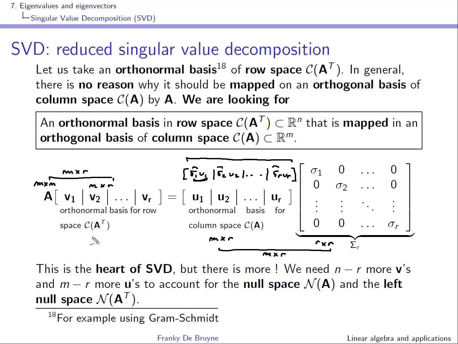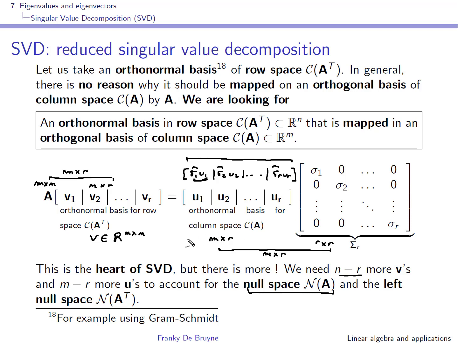But we were talking about a matrix that was orthogonal and square, therefore we need a matrix that is in R n times n. Okay, so we need n minus r more v's. And we'll find them in the null space of A. This is the null space, and it is orthogonal to the row space. It's even the orthogonal complement of the row space.